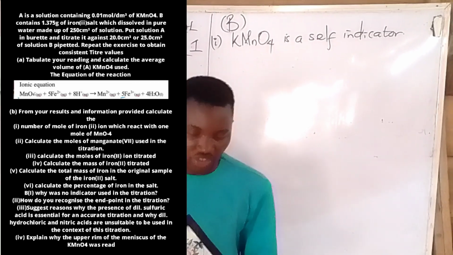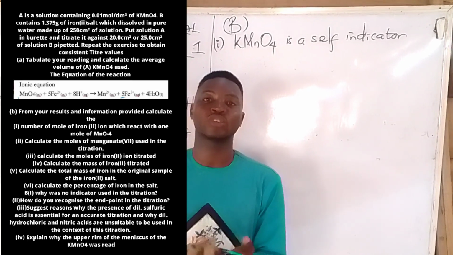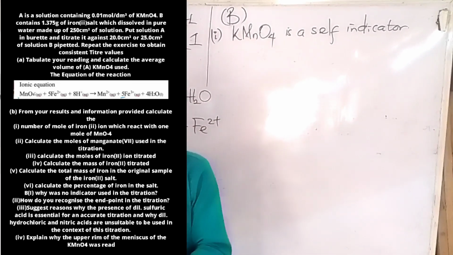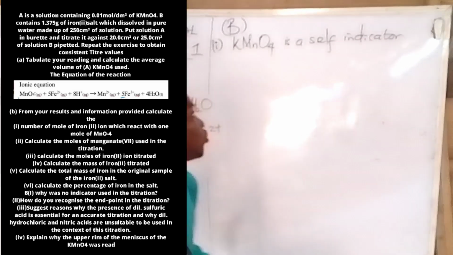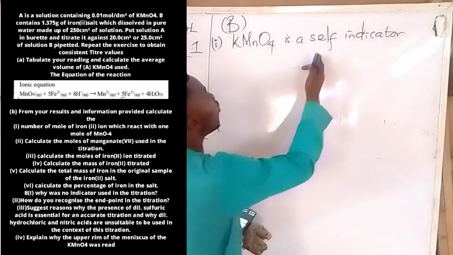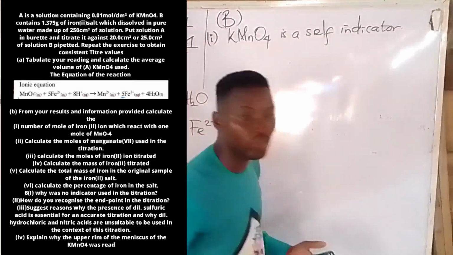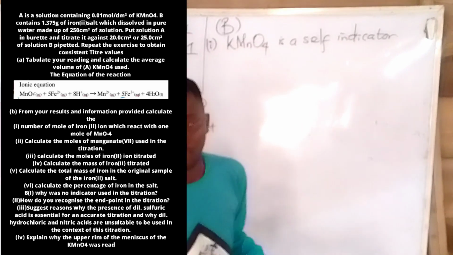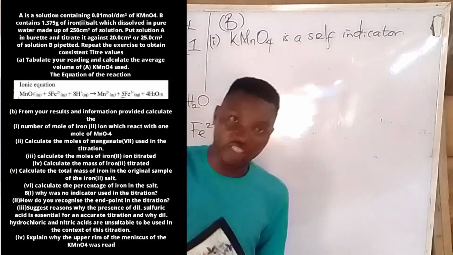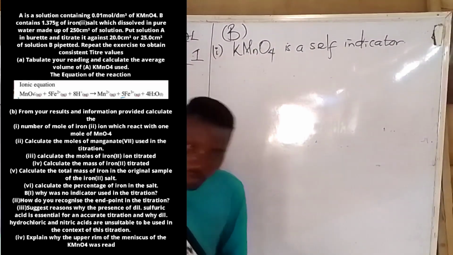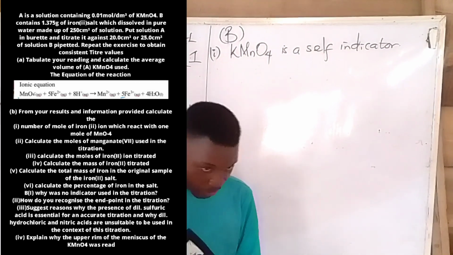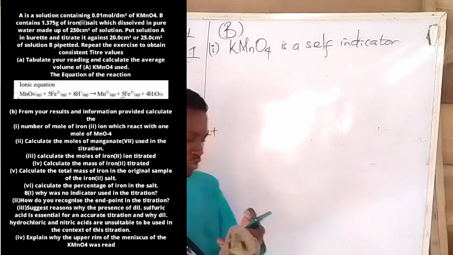Why was an indicator not used in the question? The answer is because KMnO4 is a self-indicator. It is the indicator of itself. I hope you are getting that. Alright, let's move straight to the next part.